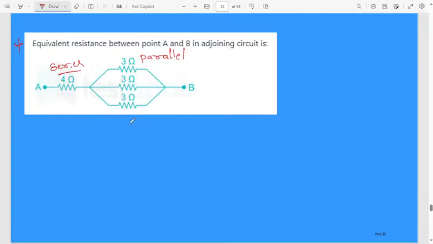First calculate the resistances connected in parallel. 1 by R is, according to the formula, 1 by 3 plus 1 by 3 plus 1 by 3. Then 3 is the LCM, 3 by 3 is nothing but 1. So 1 by R dash is 1 ohm. Then R dash also is 1 ohm, because 1 by 1 we will get 1 only.